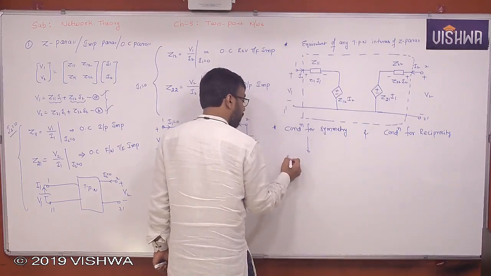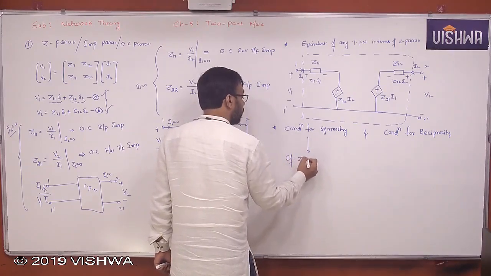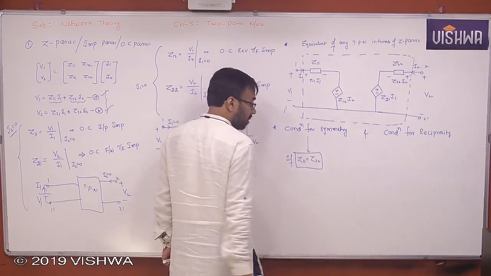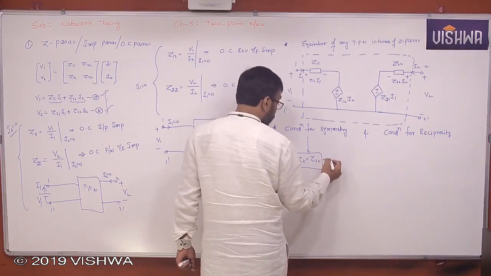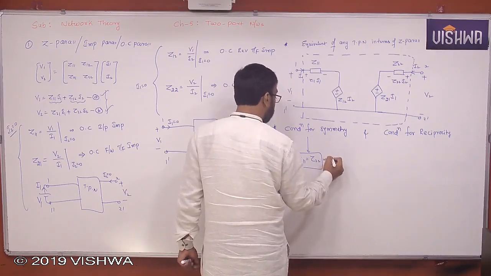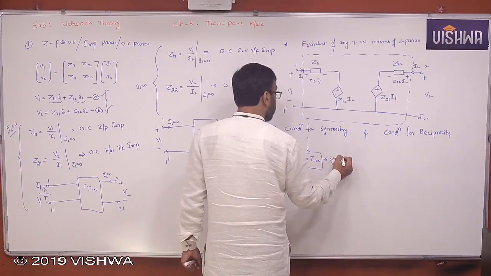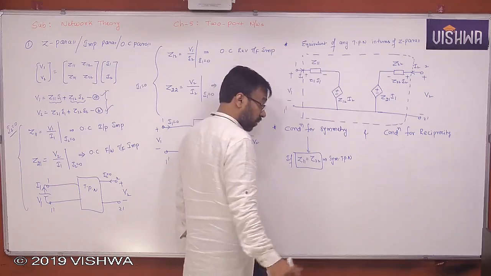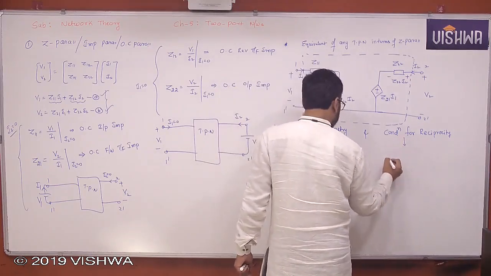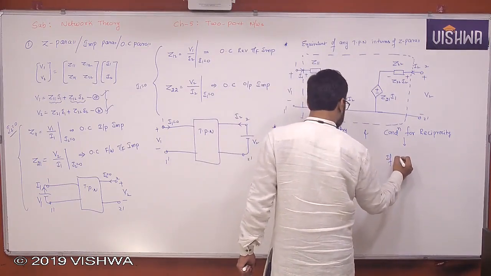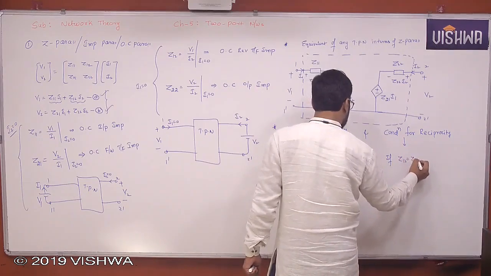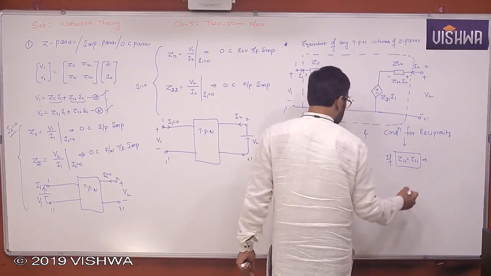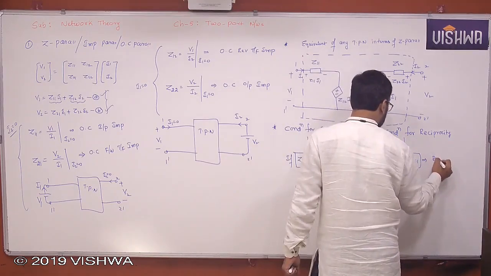If Z11 is equal to Z22, then the given two-port network is a symmetric two-port network. Otherwise, a non-symmetric two-port network. If Z12 is equal to Z21, then it is called a reciprocal two-port network.